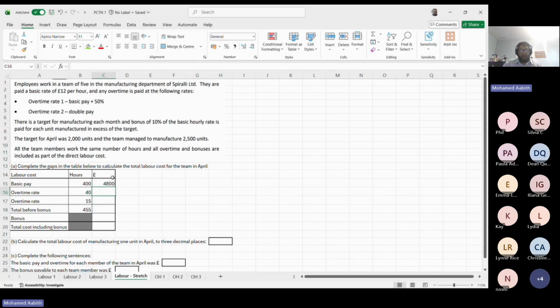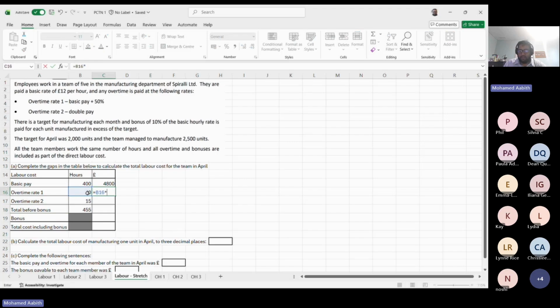Now they're saying here, what is the overtime rate for the next one? So here, overtime rate 1. Yeah, next one is overtime rate 1. So let's do that number here.